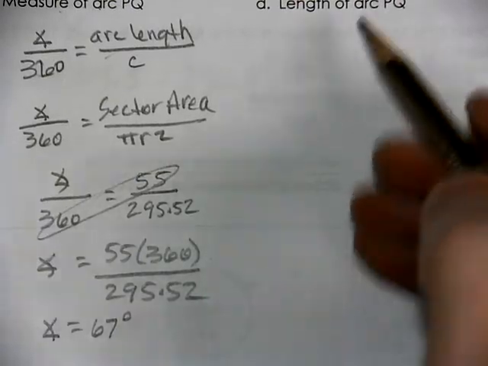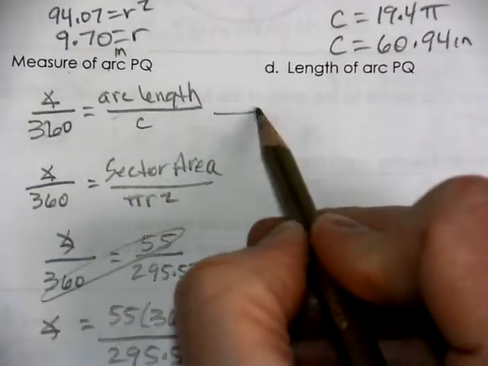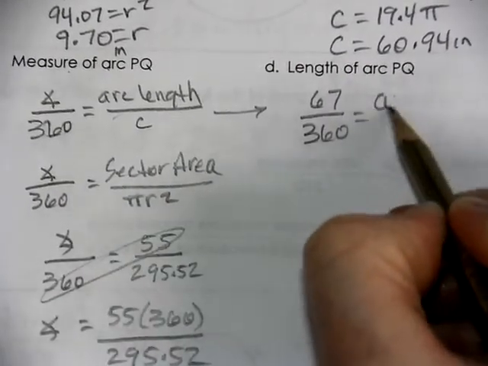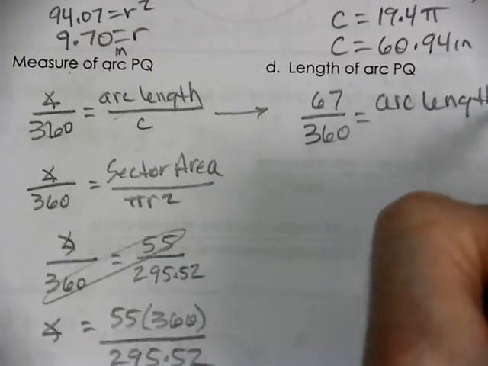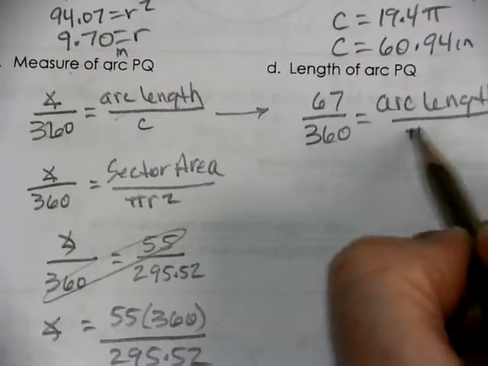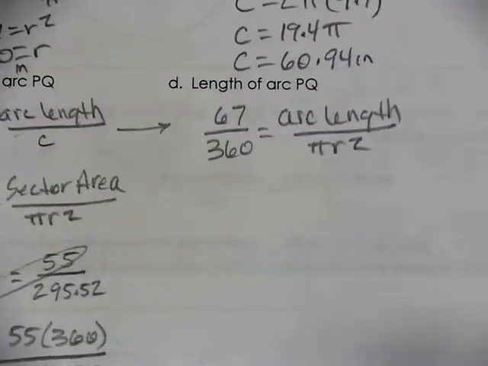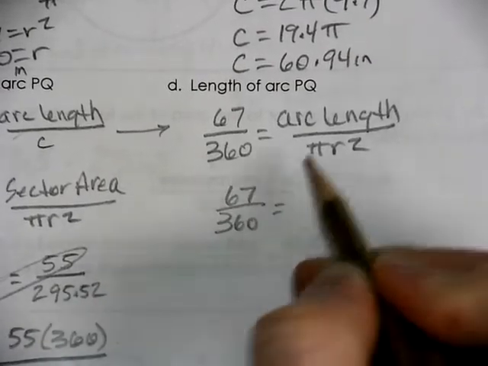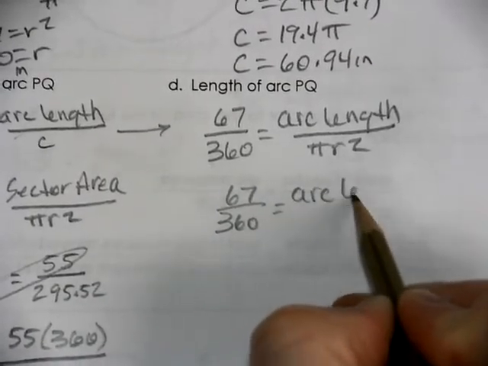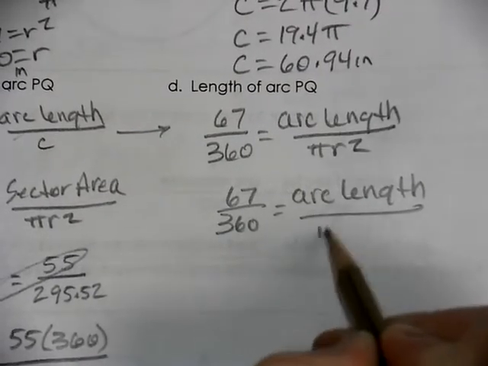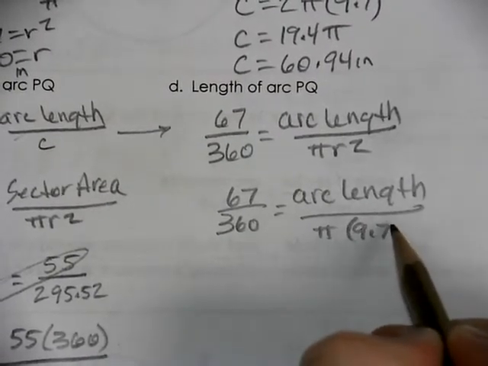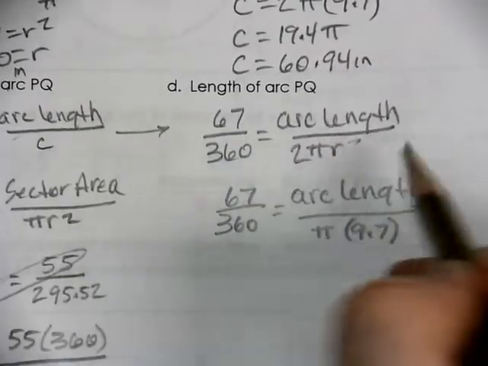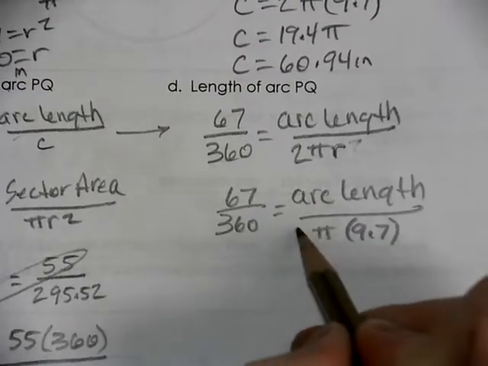Now to find the arc length, now we can come over here and plug this formula in here. We have a 67-degree angle. And our circumference is pi r squared. Well, we already know what our radius is. We found that earlier. That was the 9.7. Sorry, that would be 2 pi r, not pi r squared. That's area, silly.